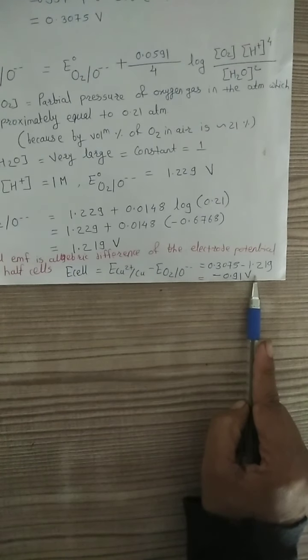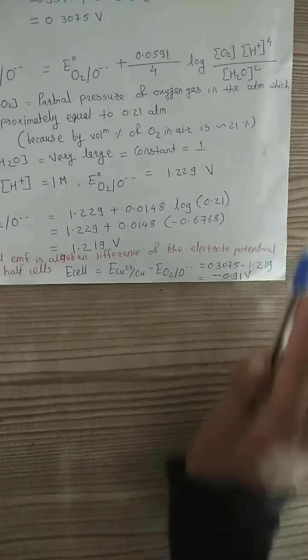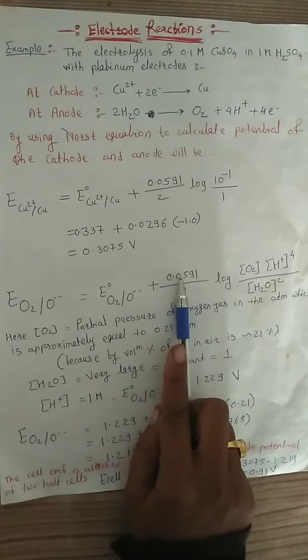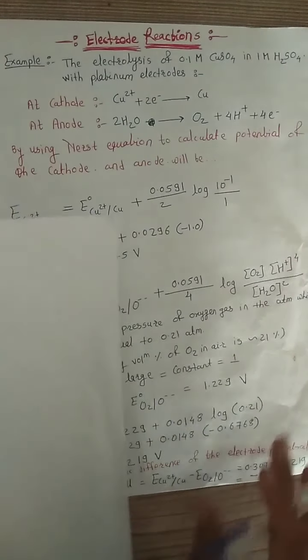So for the total cell, when we calculate the E applied, we get E applied is equal to E cell plus IR drop plus electrode potential at anode and electrode potential at cathode. The overall study of this electrode reaction shows that the reaction will proceed from right to left. How does the right to left reaction happen?